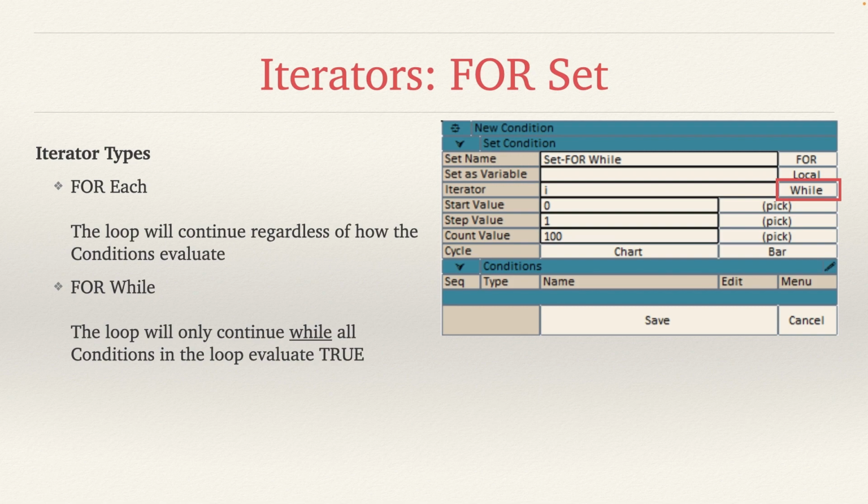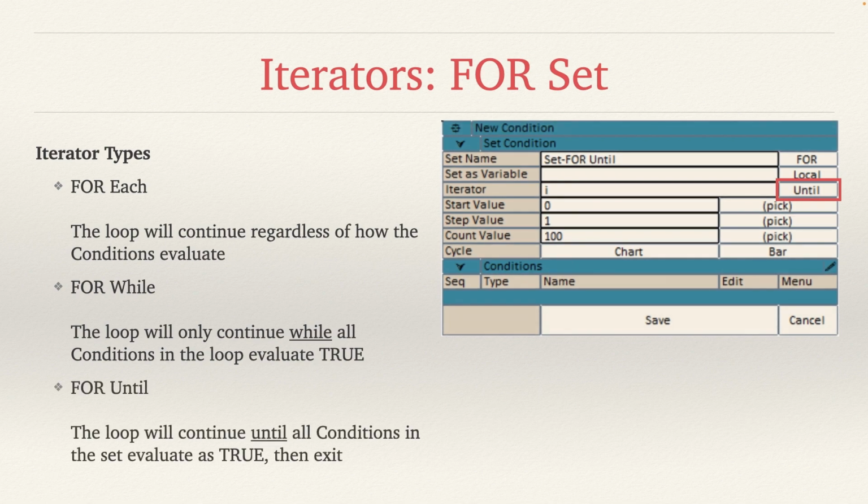Once any condition in the loop evaluates as false, then the entire loop exits, and it returns the value from the last condition in the loop for the last pass where all the conditions were true. The for until loop will continue as long as any conditions in the loop are evaluating as false. Once all of the conditions in the loop evaluate as true, then the entire loop exits, returning the value from the last condition in the loop where all of the conditions evaluated as true.